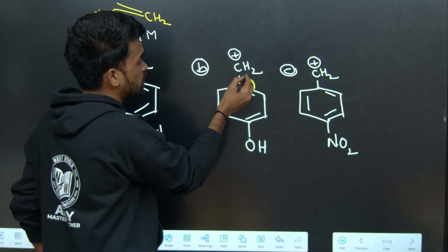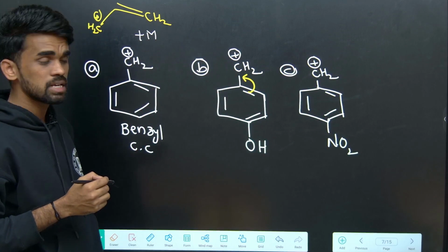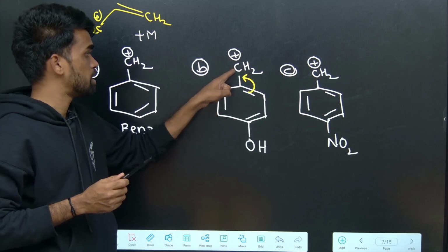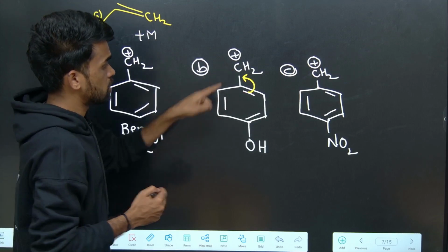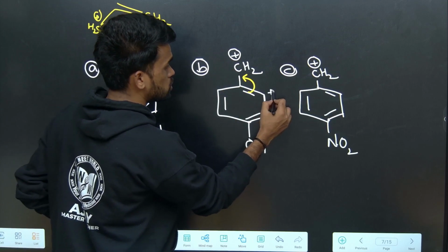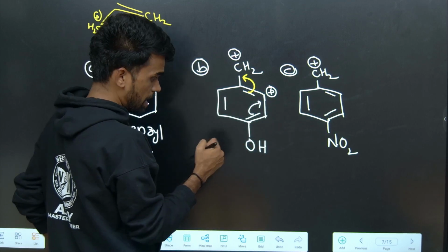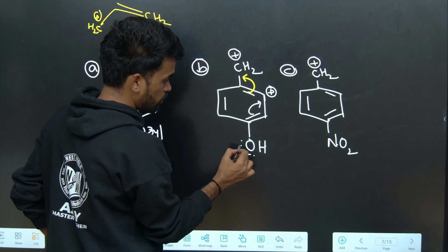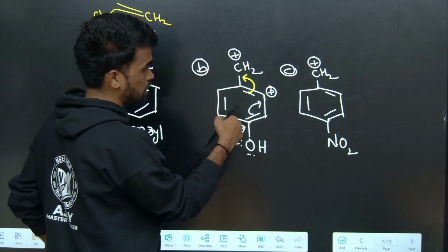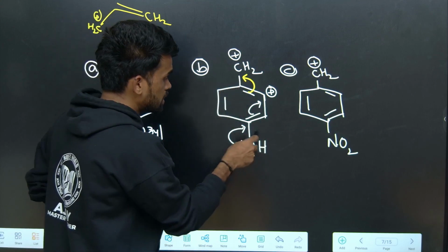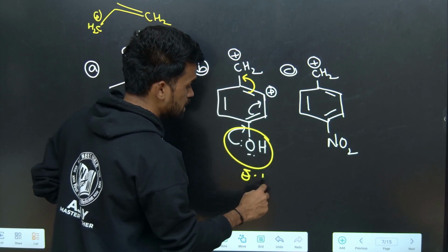Those electrons will be donated or shifted towards the benzylic carbon. When it is shifted here, we get a positive charge here, which can again be stabilized by this one. This lone pair present on the nitrogen can be donated into the ring. So I can say this is an electron releasing group.